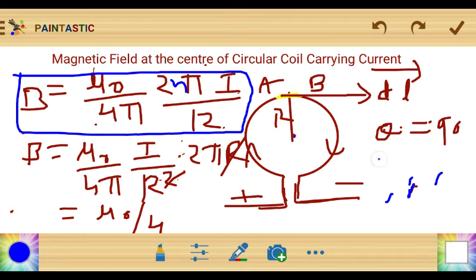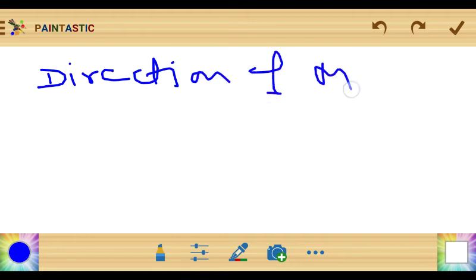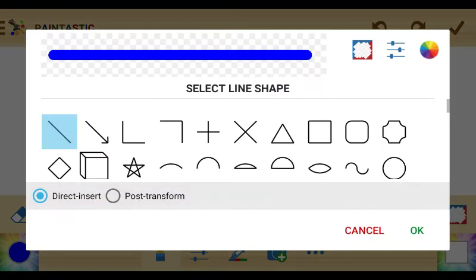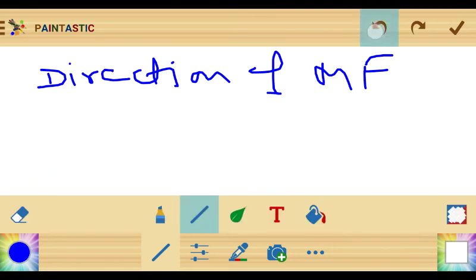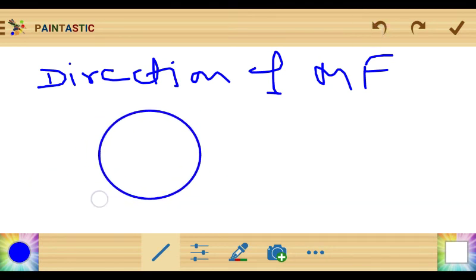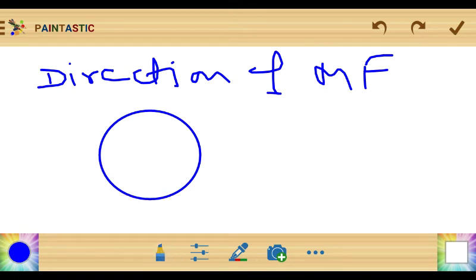To show that inward direction, how will we do it? So let's write the direction of the magnetic field. Okay, so if we take that circular coil, let's say this is the circular coil, and the direction of current is clockwise.